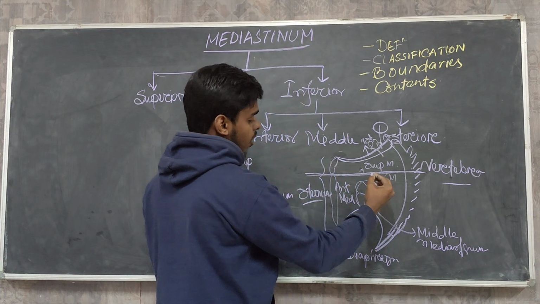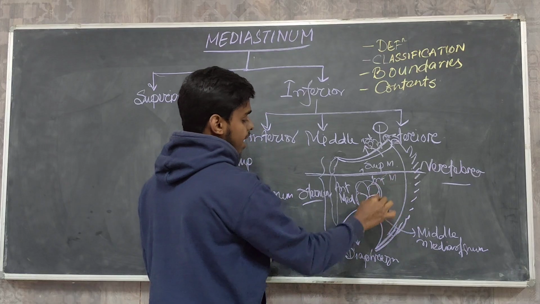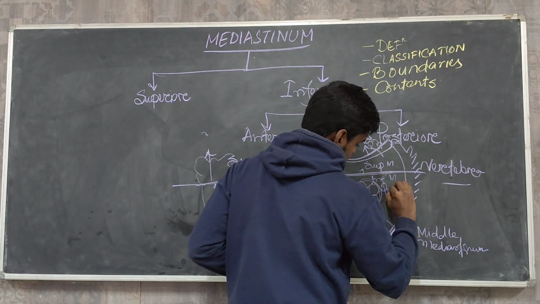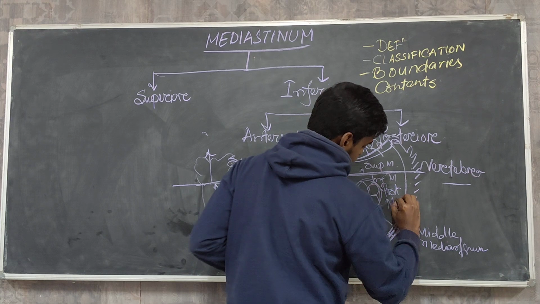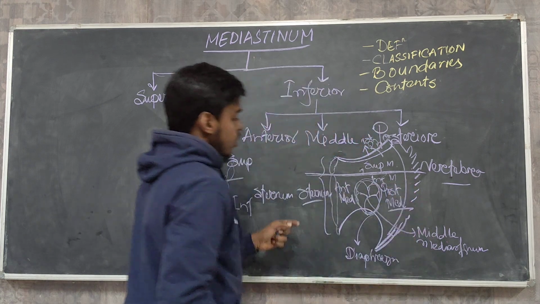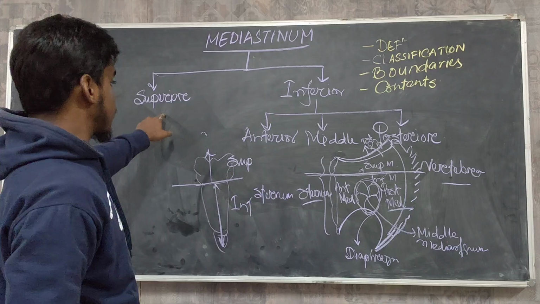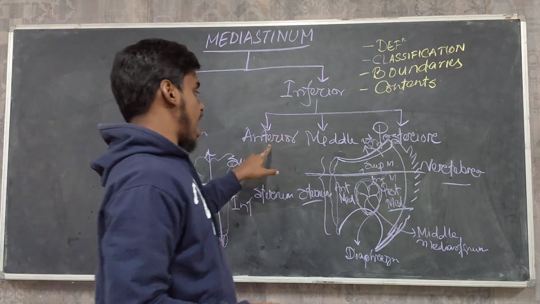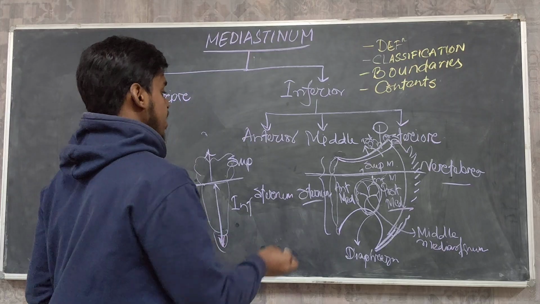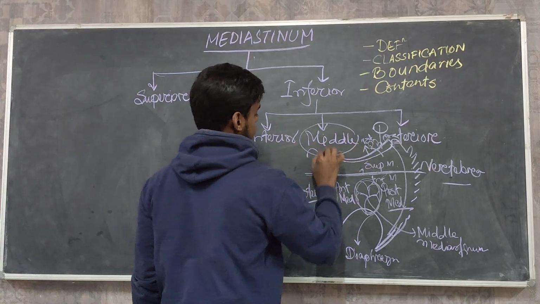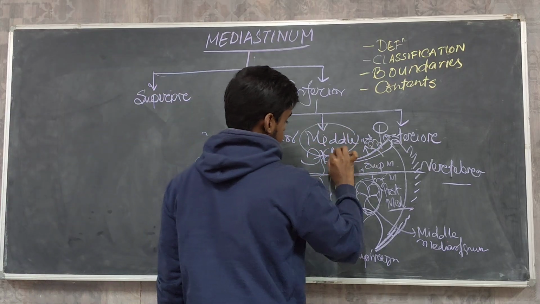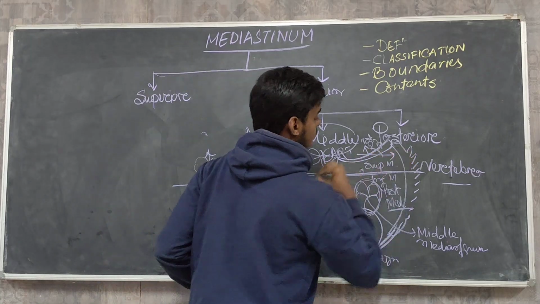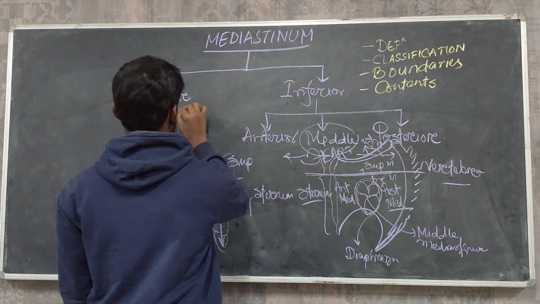And behind, or posterior to the pericardium, is known as the posterior mediastinum. So we have understood the superior and inferior mediastinum, and there are three classifications: anterior, middle, and posterior. In the middle mediastinum itself, the heart is present. And this one is the superior mediastinum.